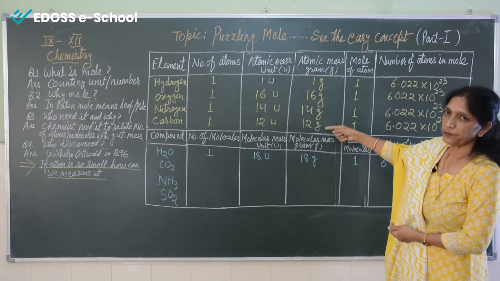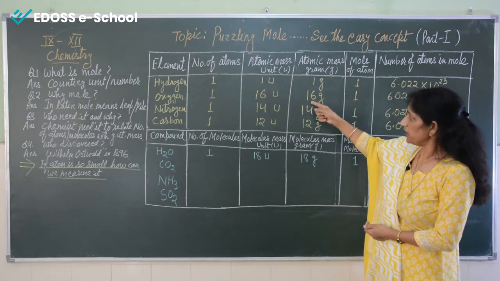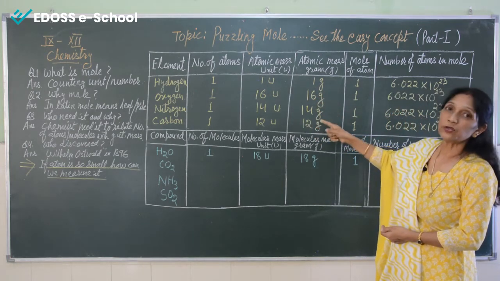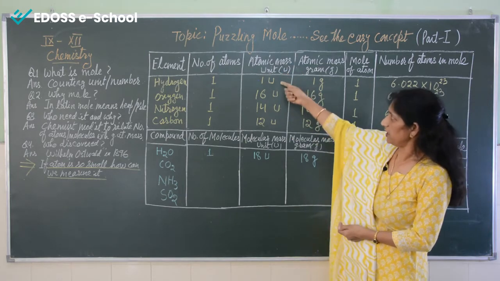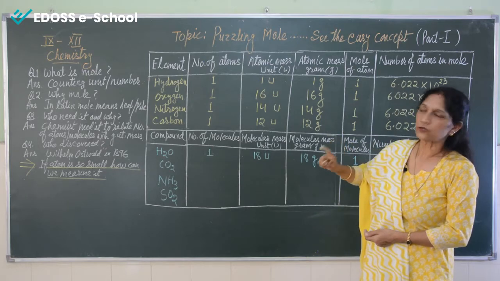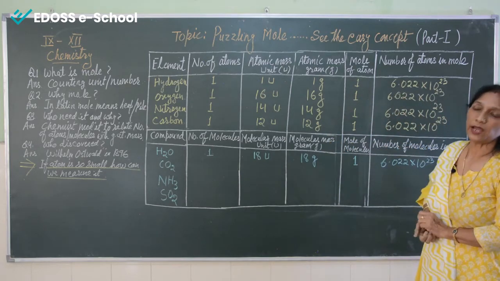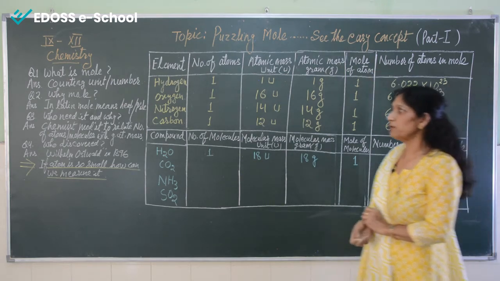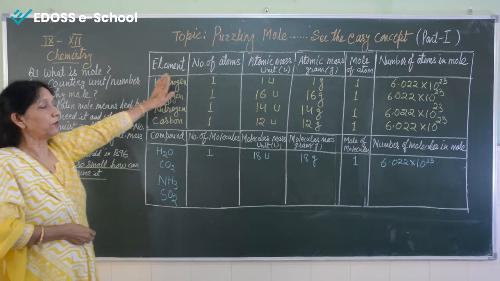Hydrogen is 1 gram, oxygen is 16 gram, nitrogen is 14 gram and carbon is 12 gram, and similarly their atomic mass unit is also different. So only 1 mole contains the same number of atoms. Here we can understand mole. Now I will talk about the compound; this was all about the elements and the number of atoms.